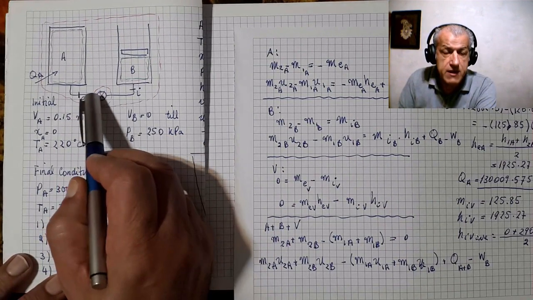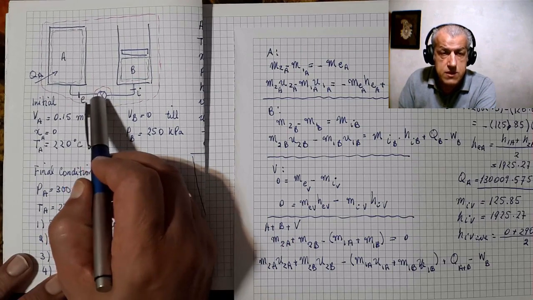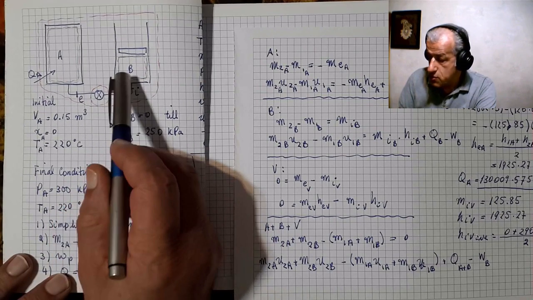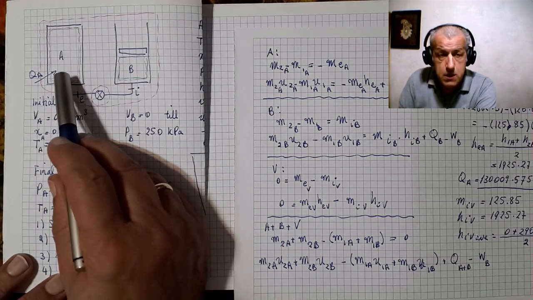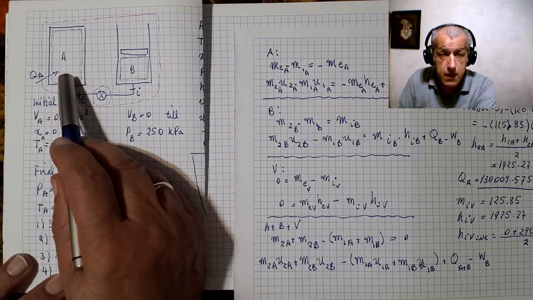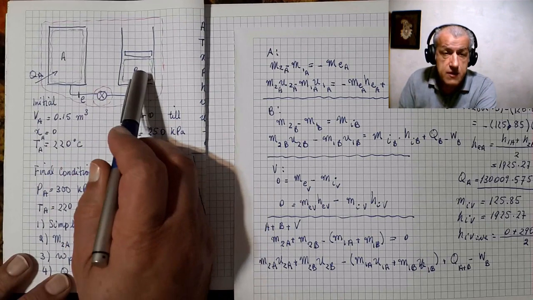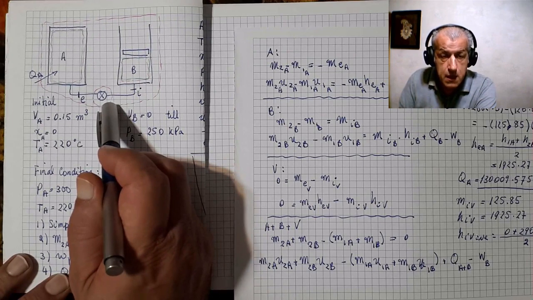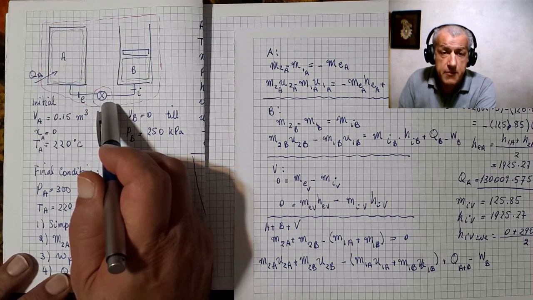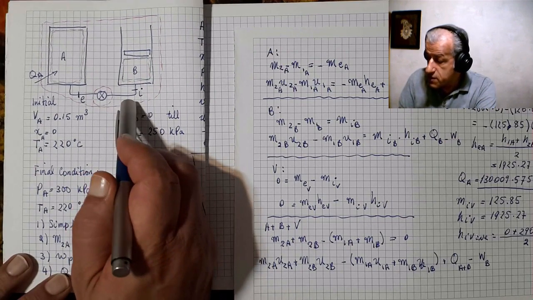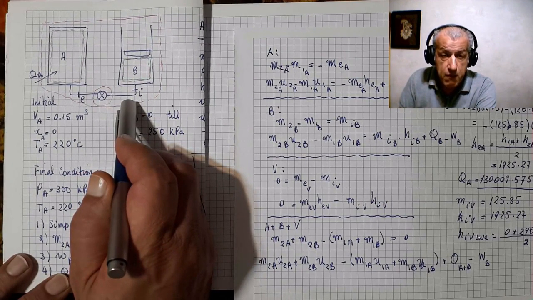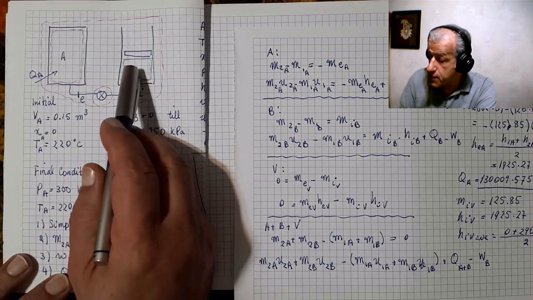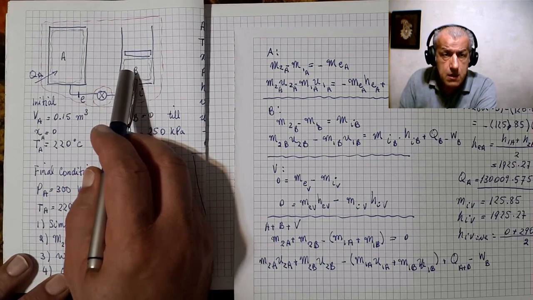This is an expansion valve, and it reduces pressure and also reduces temperature. So to keep the temperature here equal to the temperature in A, there must be heat transfer to B. It basically compensates both for the lower temperature after the expansion valve and also the movement of the piston, which keeps the pressure constant.